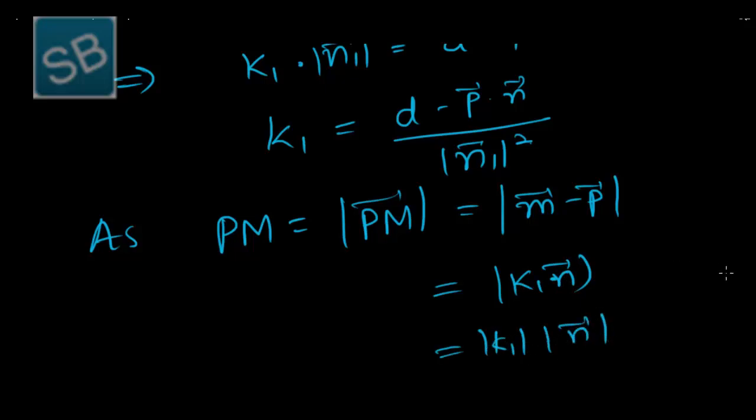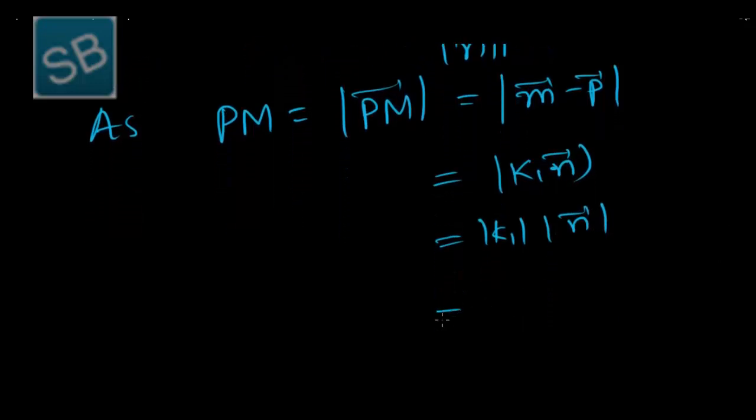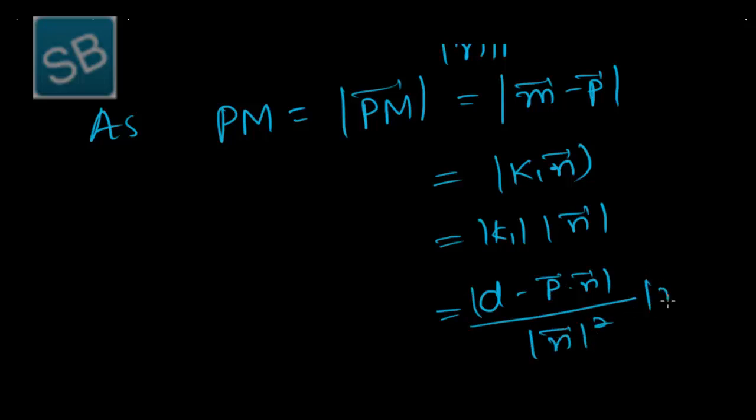So the value of k1, as we get from above, is modulus of d minus p dot n, that is a positive value, over modulus n squared, into modulus n, the magnitude of n.